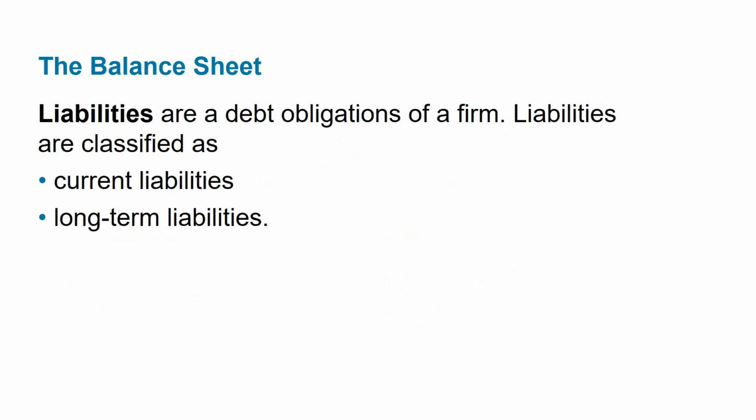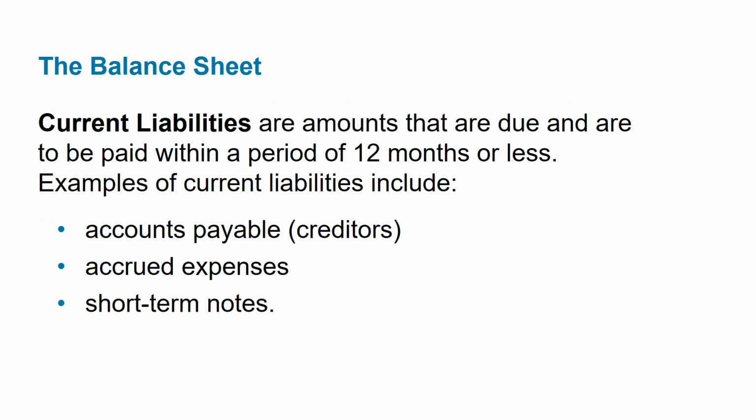Let's look at liabilities. Liabilities then are debt obligations of a firm, and liabilities may also be classified as being current liabilities or long-term liabilities. Current liabilities are amounts that are due and are to be paid within a period of 12 months or less.